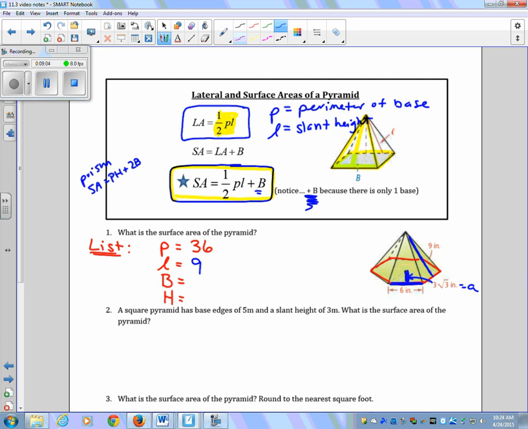Area of the base for a regular hexagon is 1/2 AP. That's the area of the base. So we're going to do 1/2, apothem is 3√3, perimeter, we said, is 36. So when we multiply this out, we get 54√3.